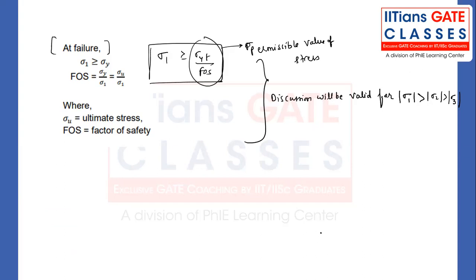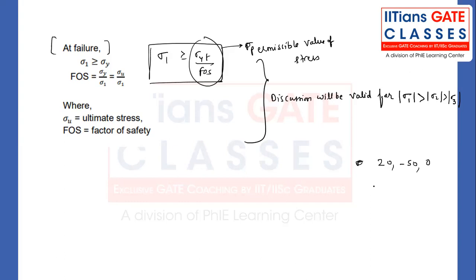Because you might have seen in the principal stress, mathematical wise and magnitude wise, the things are very different. The principal stresses are defined mathematically, not basically in an intuitive way of designing. Suppose you have 20, minus 50 and 0.